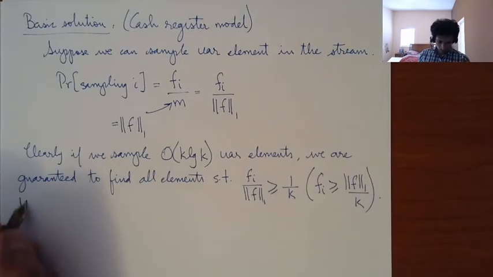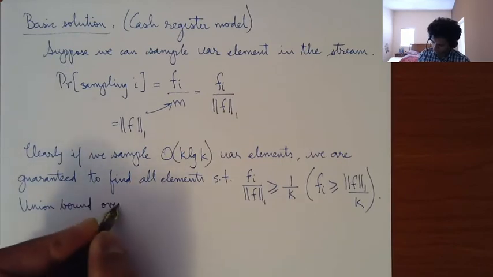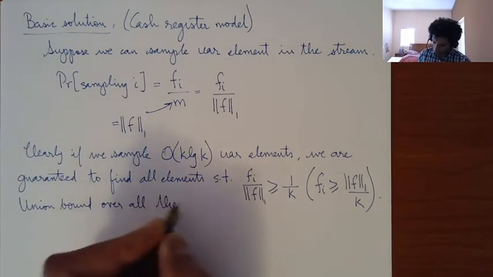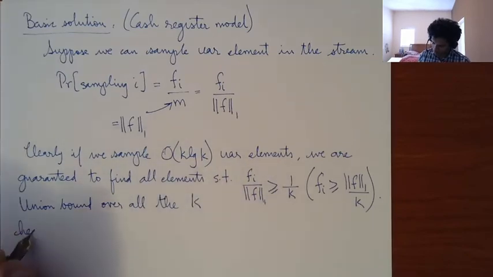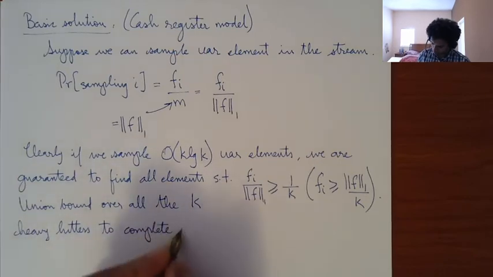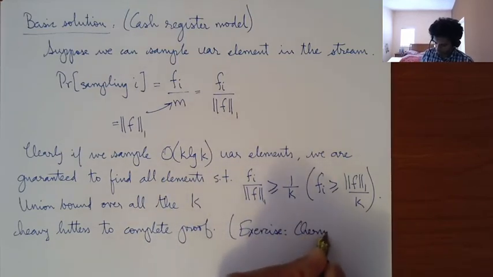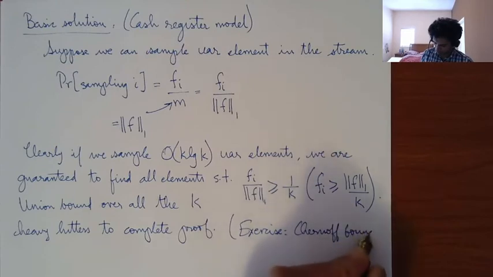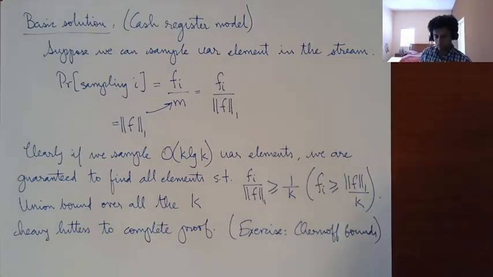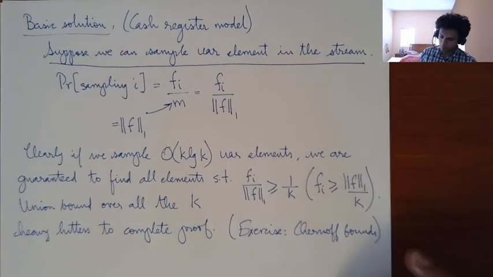And you can union bound over all the k heavy hitters to complete the proof. So this is a good exercise in Chernoff bounds. Of course, this is assuming you can sample a uniform at random element from the stream.